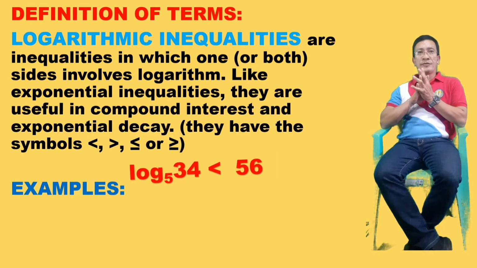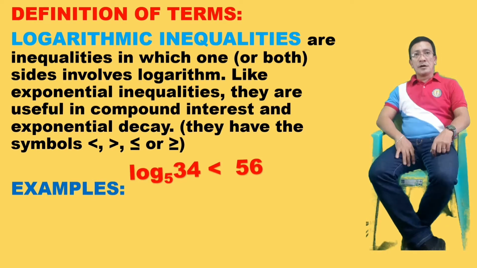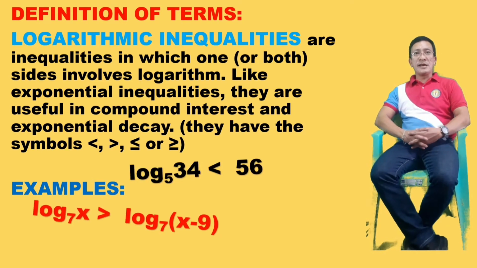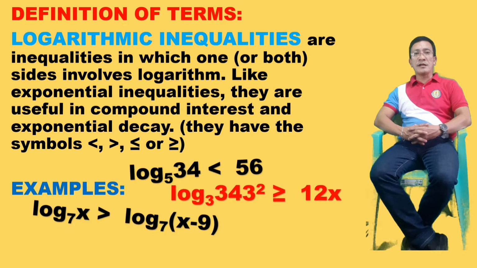Examples: log of 34 with base 5 is less than 56. Log of x with base 7 is greater than log of quantity x minus 9 with base 7. Next, log of 343 squared with base 3 is greater than or equal to 12x.